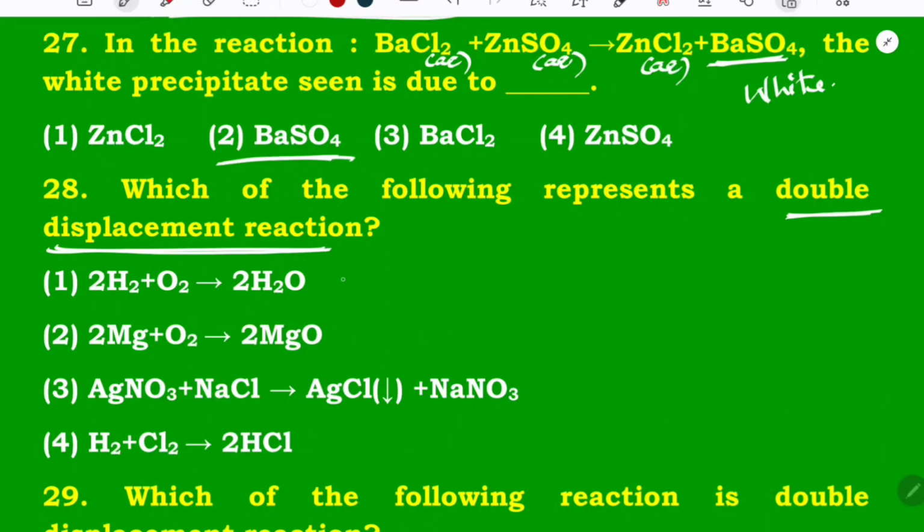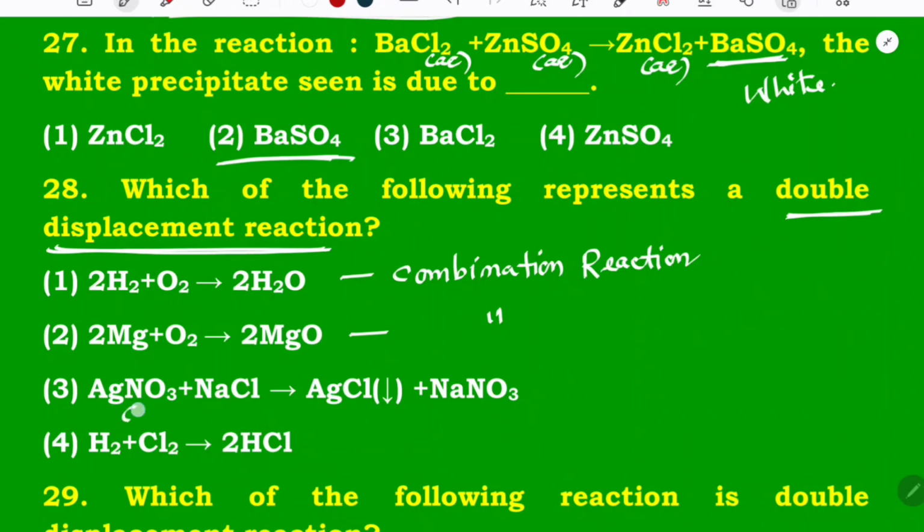The first one is combination, no doubt, because two reactants combine to a single product. Next, 2Mg plus O2 is also two reactants combining into a single product, so it is a combination reaction.